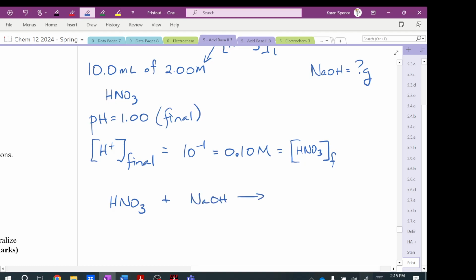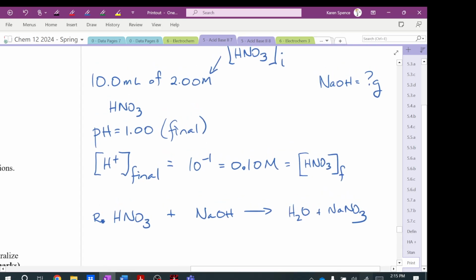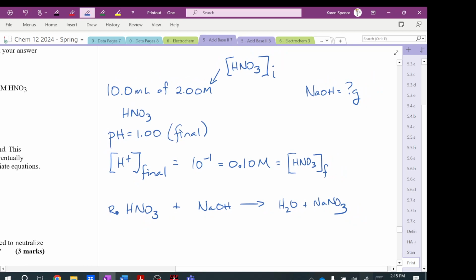They react 1 to 1. And we can calculate the millimoles of HNO3 initial, because we know that initially we have 10 milliliters of 2 molar, yes?